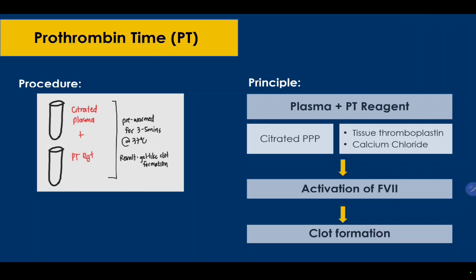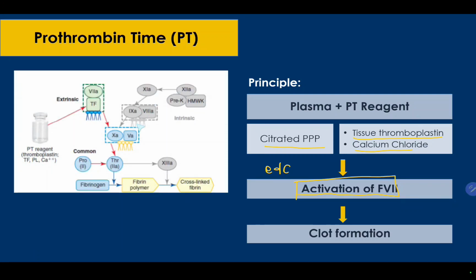For the principle of the test, when tissue extract or tissue thromboplastin, which is our reagent, is added to the citrated plasma along with the calcium, it reacts with factor 7, which triggers the extrinsic pathway and the common pathway. Factor 7 then activates factor 10 to 10A.